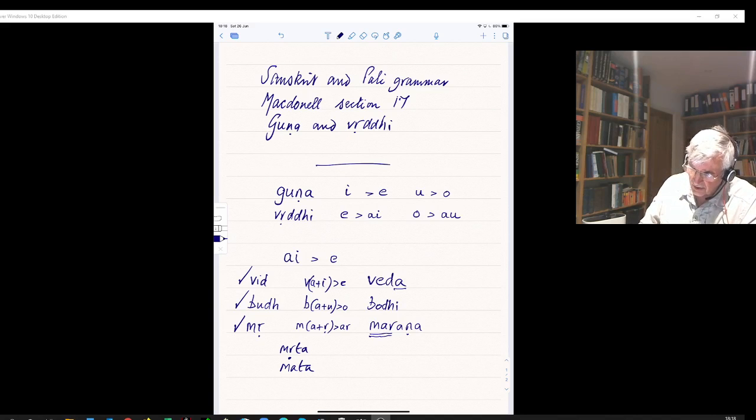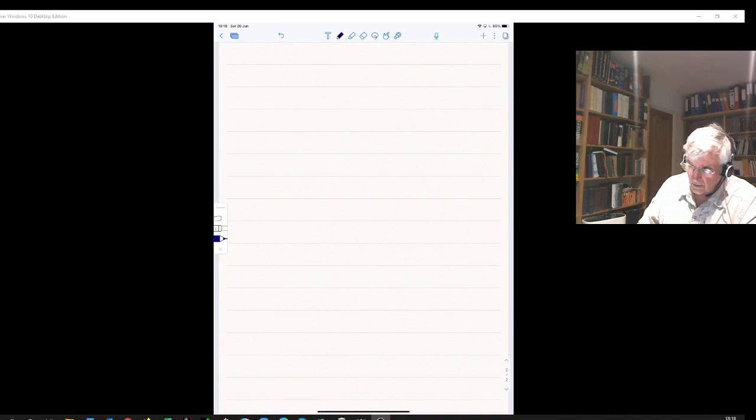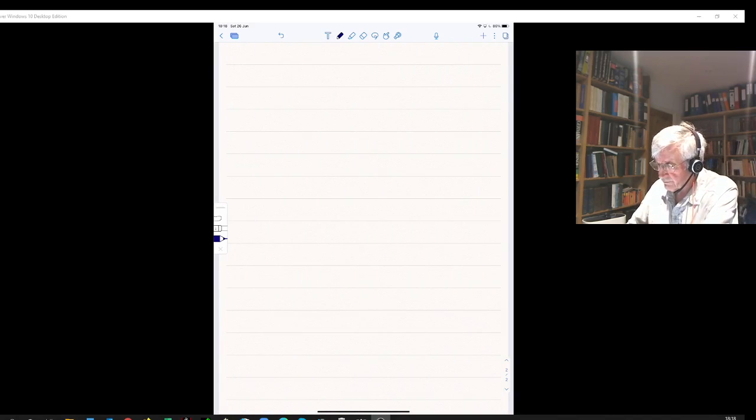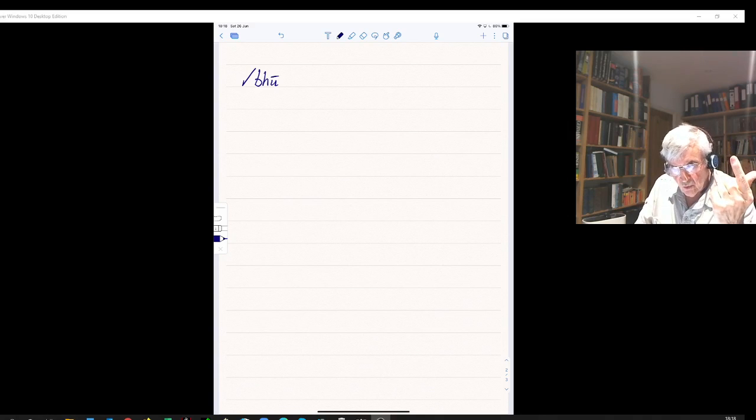Now let us look at a couple more instances of guna. Let's take the root bhu. Now, long i and u can gunate as well as short i and u.